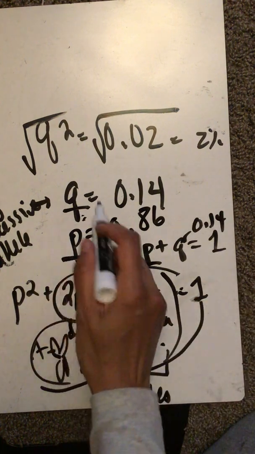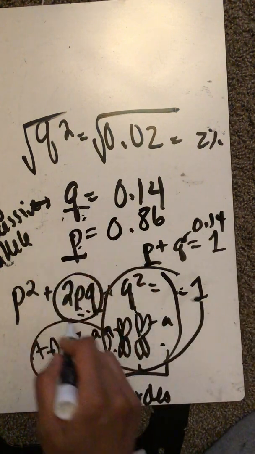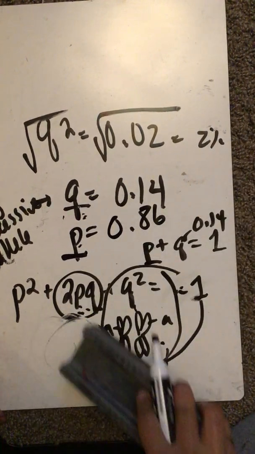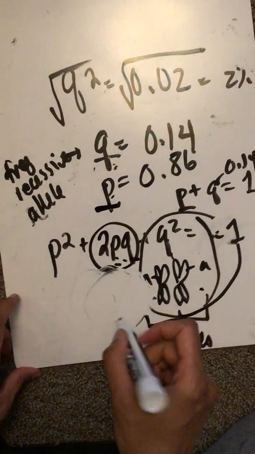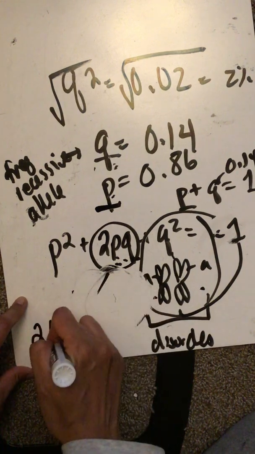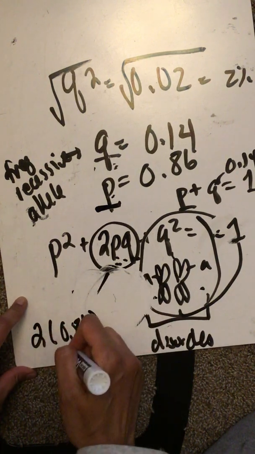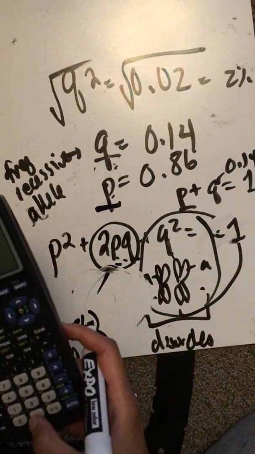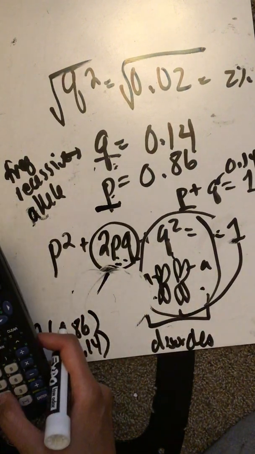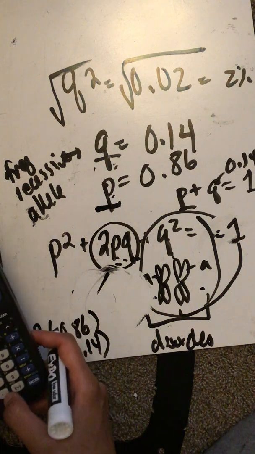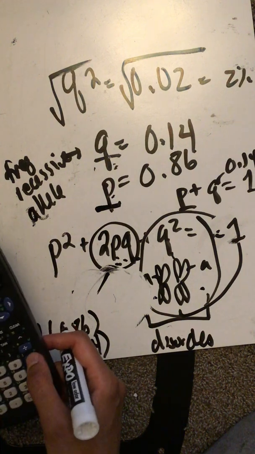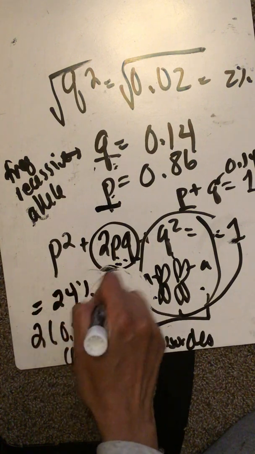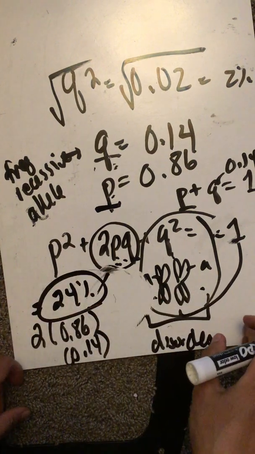Now that I have found both q and p, I can figure out how many people in my population are heterozygous for the trait. So I go 2 times 0.86 times 0.14, and here we go. Hey, 24% of my population is heterozygous for the trait.